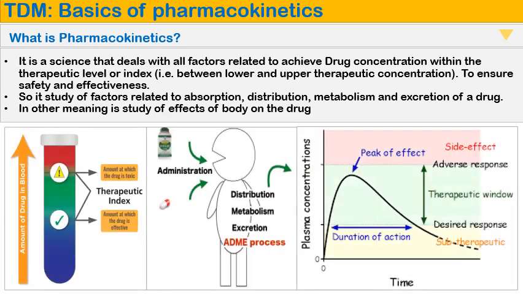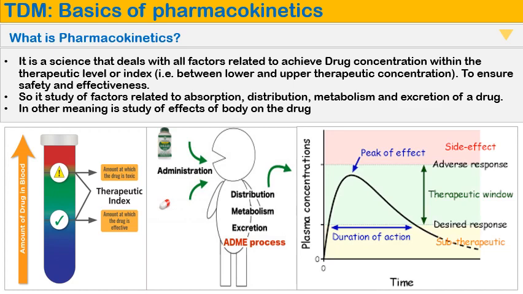These diagrams show what the therapeutic index means. This figure shows the lower therapeutic index, and this is the upper therapeutic index. The range between lower and upper represents the concentration at which the drug will start to act as safe and effective.